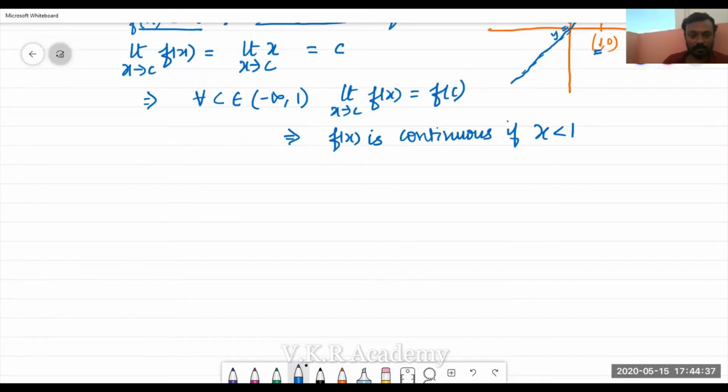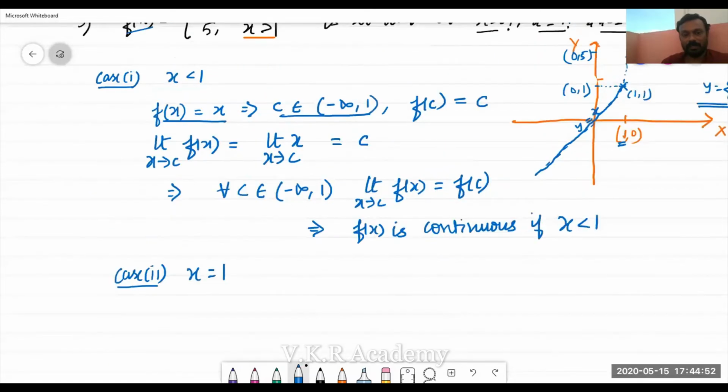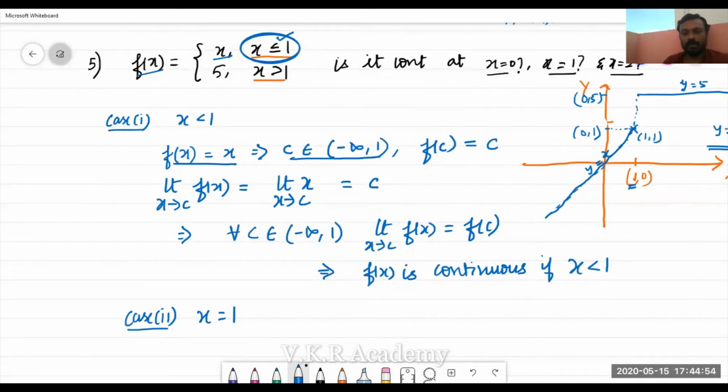case 2, x is equal to 1. Now x is equal to 1 is the point where the function is split into two sub-functions. To the left of 1, it is x.